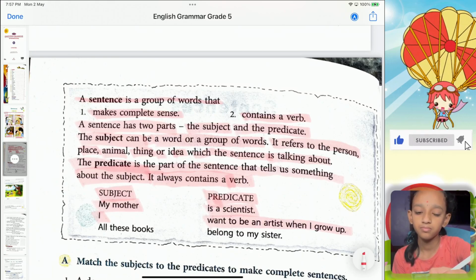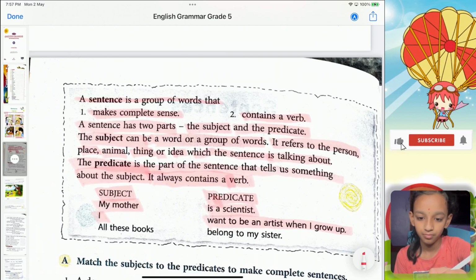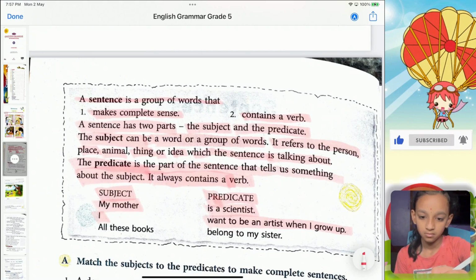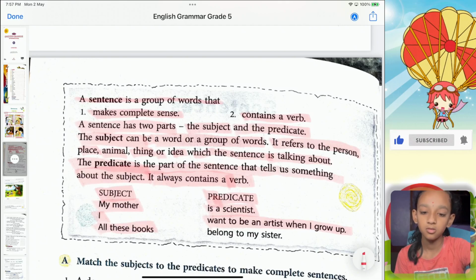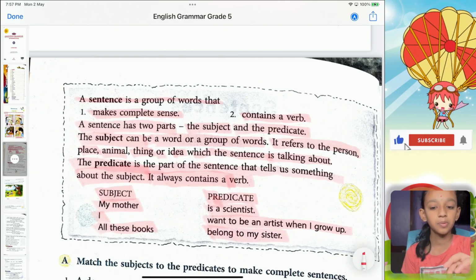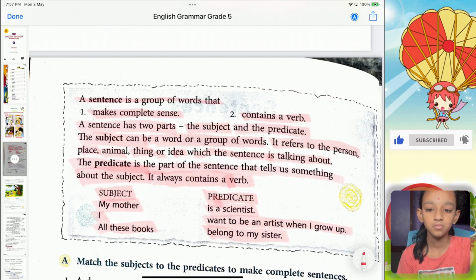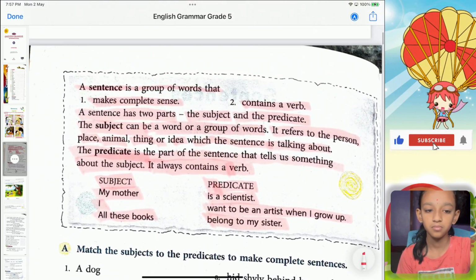Next, all these books is a thing, so it's a subject, and belong to my sister is the predicate. Sister is the name of a person. Now we know what a subject is and what a predicate is.